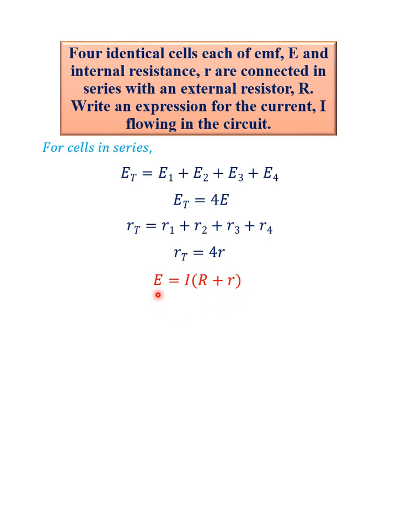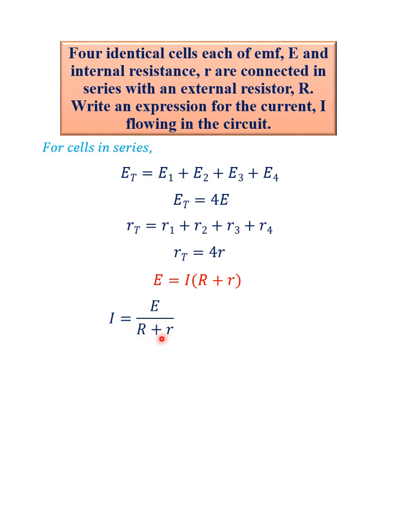E representing voltage, I for current, while R plus r representing the total resistance in the circuit, both internal resistance and external resistance. We are looking for I, that's what we are writing an expression for. So if we want to make I subject of the formula, we need to divide both sides of the equation by R plus r, so that I will be equal to E all over R plus r.